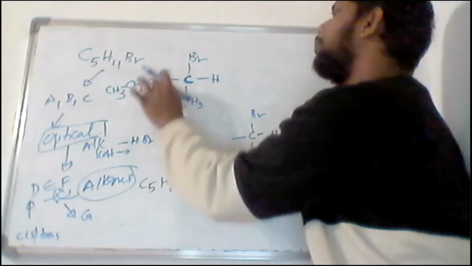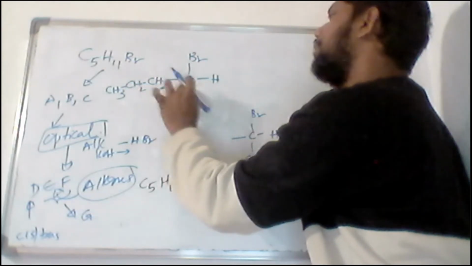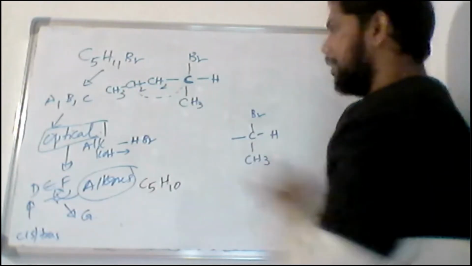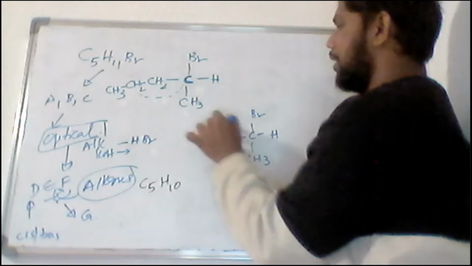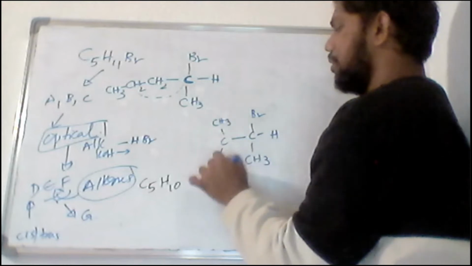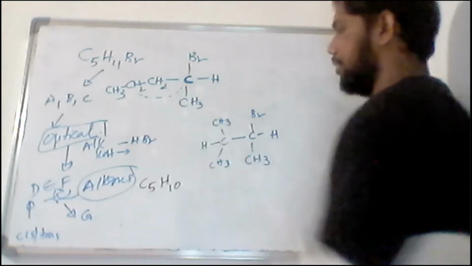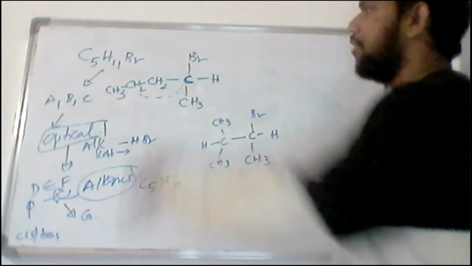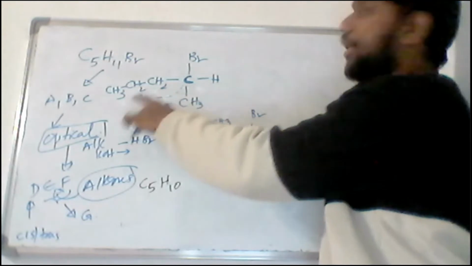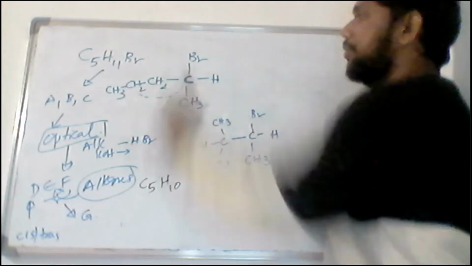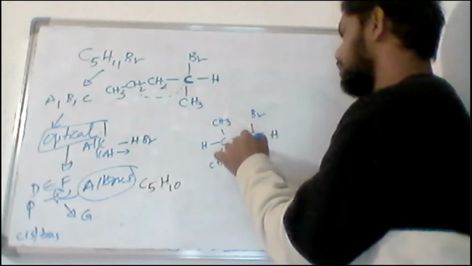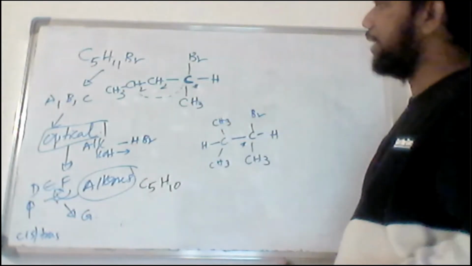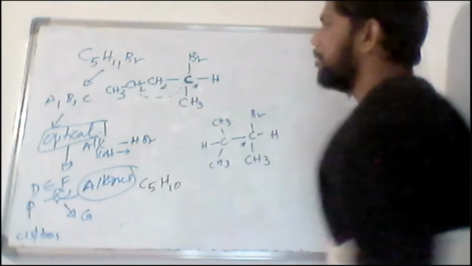I can put this bond between this carbon and this carbon instead, so there will be CH3, CH3, and a CH like this. Instead of the bond between the first carbon, I put it between the second and this carbon. Again, this is a chiral center. So I see these two structures are possible.